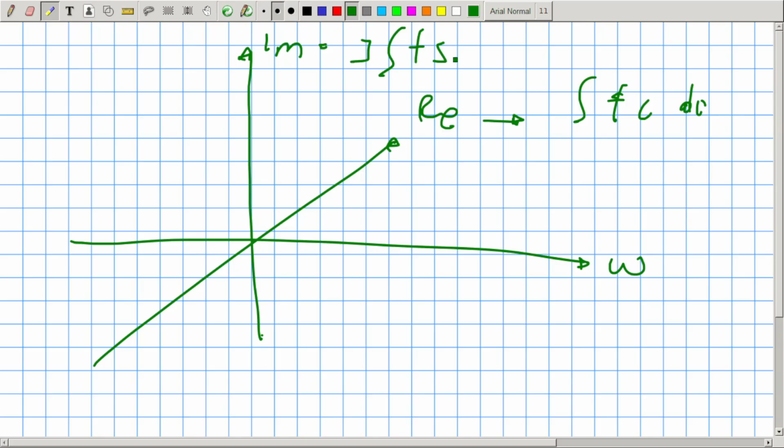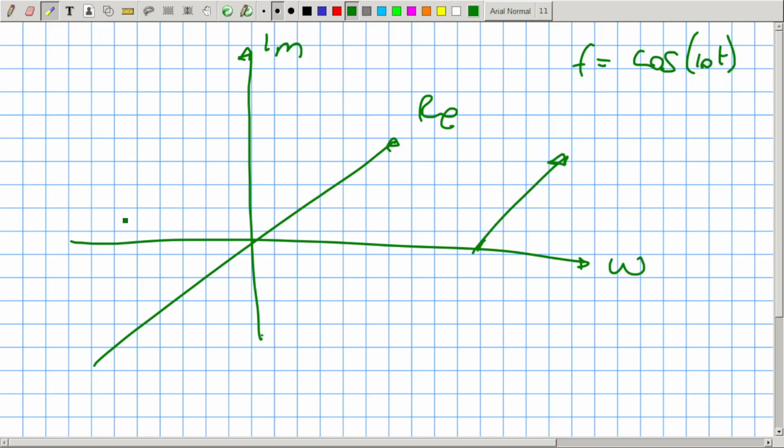Okay? If f is a cosine, I'm going to have what? If f is cosine of 10t, I'm going to have something that is like this. True?